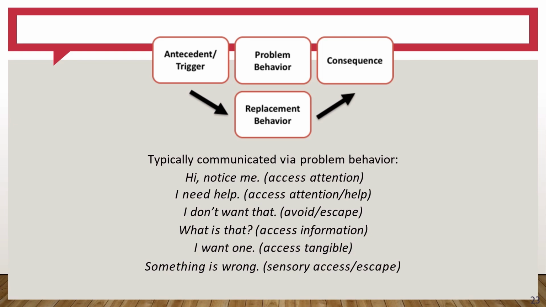Or I'm trying to get access to information. Maybe I want one, right? So I want a popsicle, I want a cookie. Maybe something is wrong and they are seeking out sensory access or escape. So these are all ways we can use functional communication training and this contingency to help us figure out what our learners are trying to communicate to us.